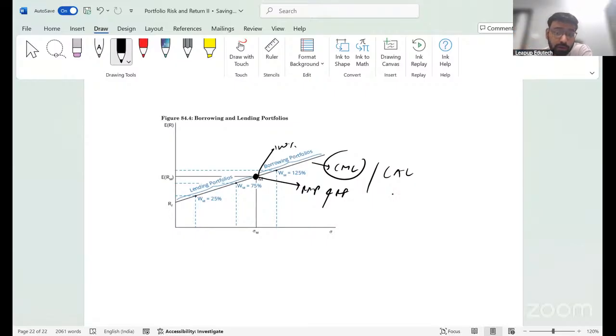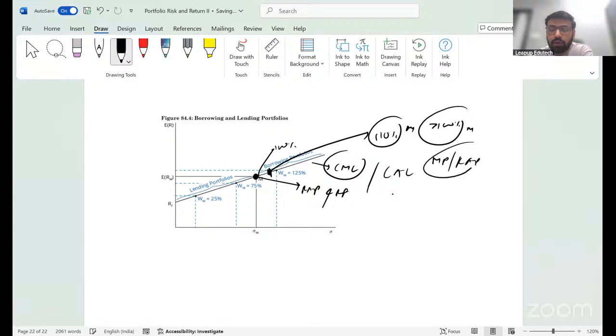But if you go beyond this point, sir, can I say the weight here will be 110%? Yes, the weight here will be more than 100% in the market portfolio or risky asset portfolio. Sir, how come 110%? Can we invest more than 100%? Yes, always. You can invest more than 100%.